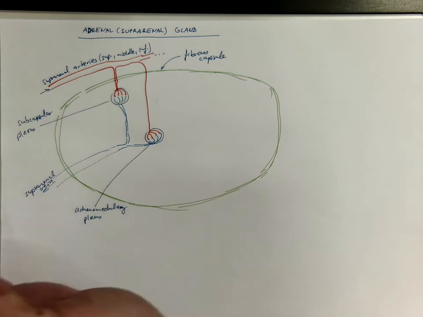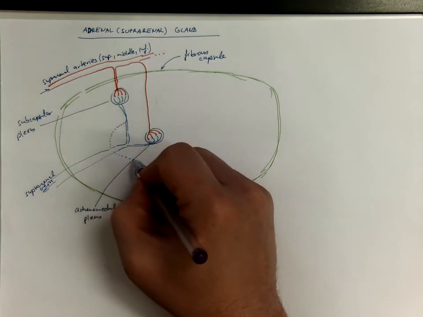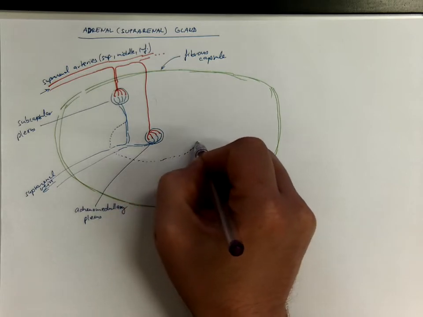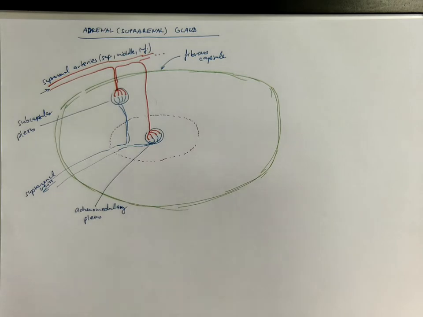So we got two compartments here. The central one called the medulla, and this is surrounded from all sides by the cortex.